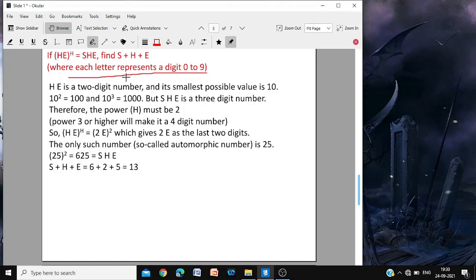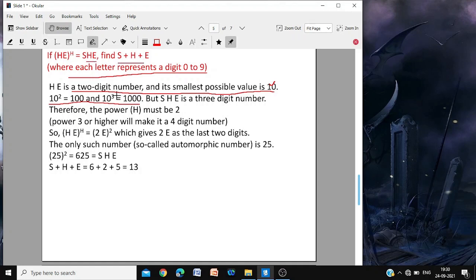Now HE is a 2-digit number and the smallest possible value is 10. It can be more than 10, it can be 11, 12, 15, 17, 27, 87, but the smallest value is 10. Now 10 squared is 100 and 10 cubed is 1000. But here you are getting a 3-digit number, SHE.